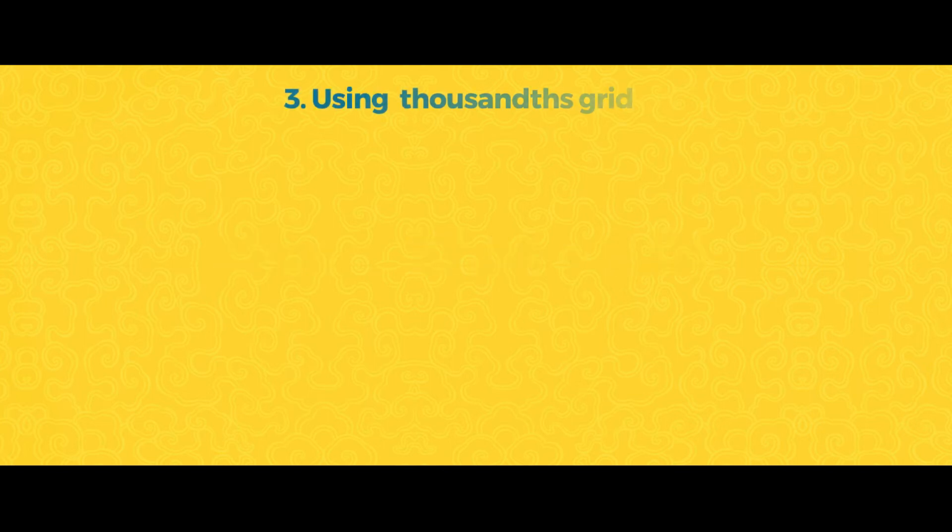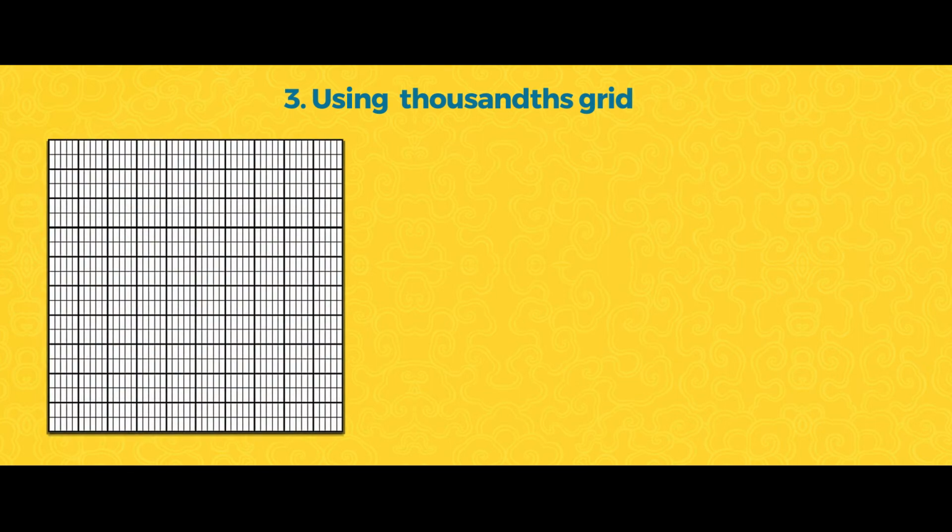Now let's take a look at the third way, that is using the 1000 grid. So this is the 1000 grid. Look at it very carefully, and then I have marked red. Can you see it? And then that red column, the whole column, represents 1 tenth. And next, can you see a square that is marked with blue?